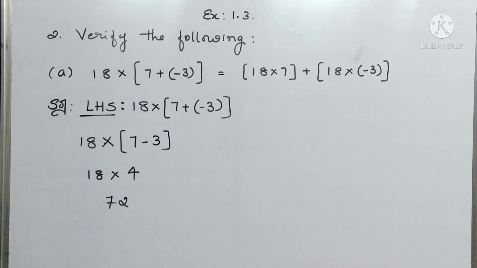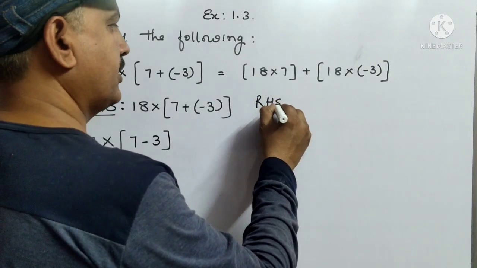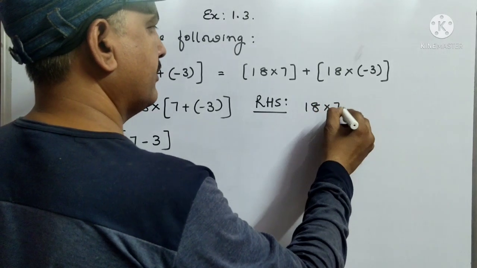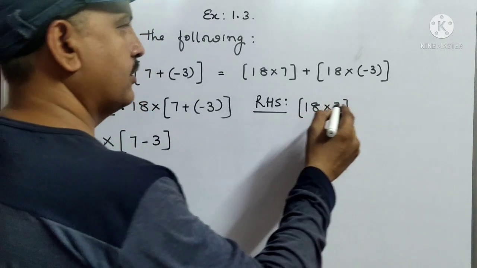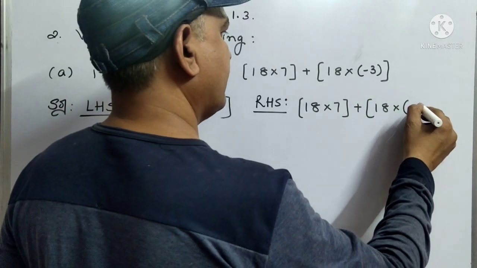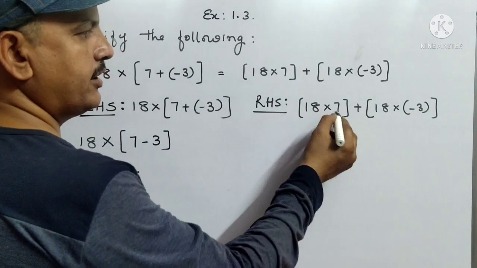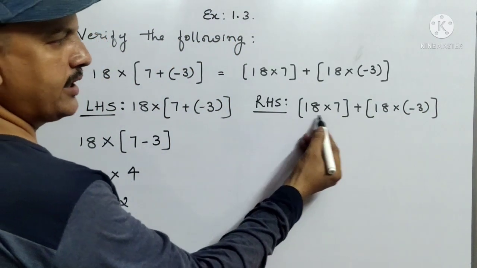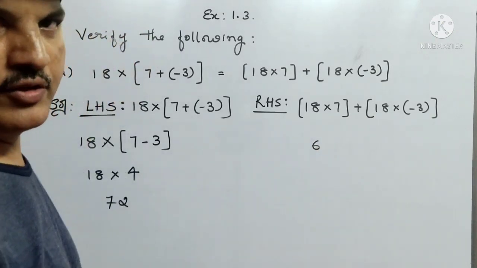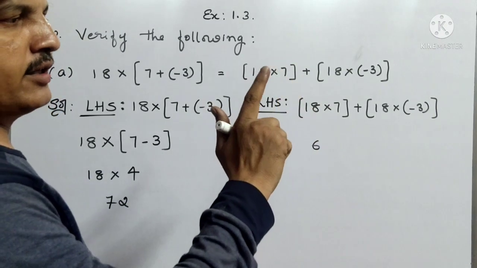Okay, next. Coming to RHS: 18 into 7, bracket closed, plus 18 into minus 3. 18 into 7, bracket is there, so first we have to multiply these two. 7 8s are 56, 5 left. 7 1s are 7. 7 plus 5, 8, 9, 10, 11, 12.